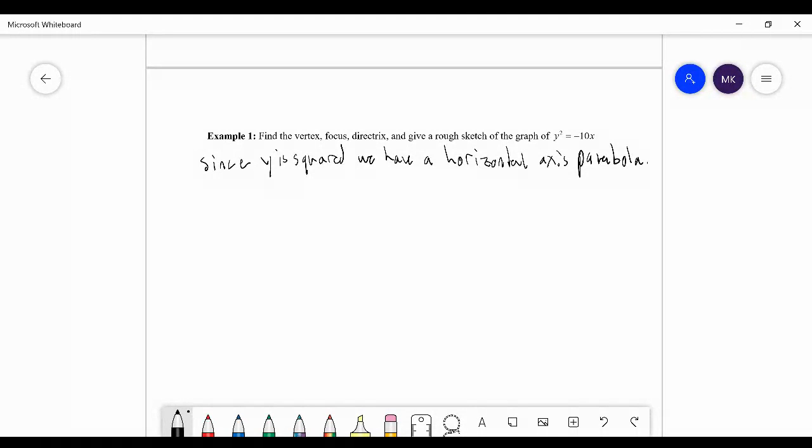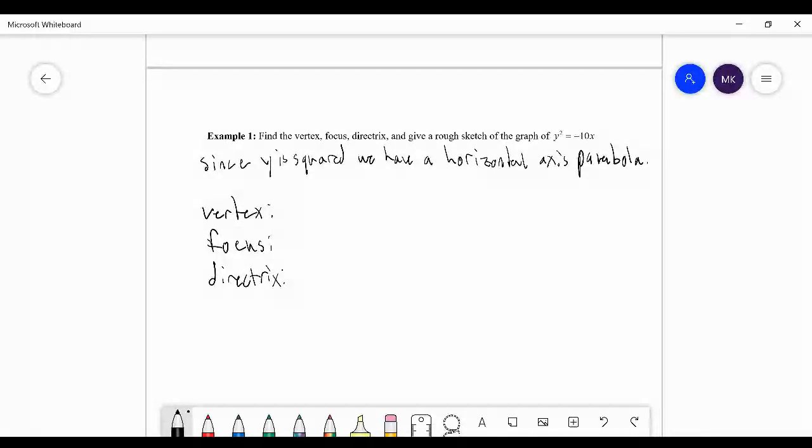Okay, so now let's find the vertex, focus, and the directrix. To do this, we need to identify p. This doesn't have any shifting left or right, we can see that. So our vertex is really easy here.